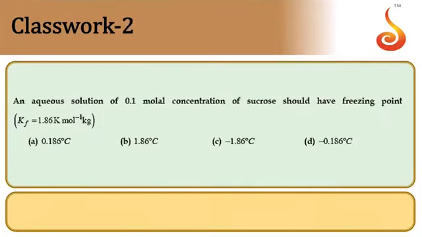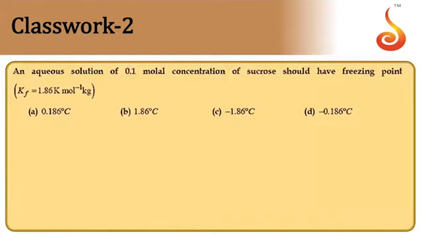Then second one. An aqueous solution of 0.1 molar concentration of sucrose should have a freezing point of, they are asking us now freezing point depression. So delta Tf is equal to Kf into molality, which is equal to Kf is given 1.86 into molality, 0.1 molar solution is given.